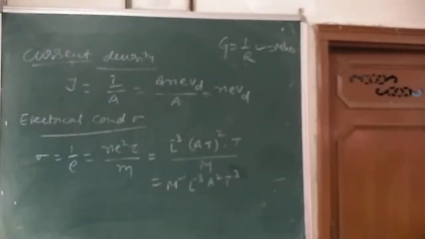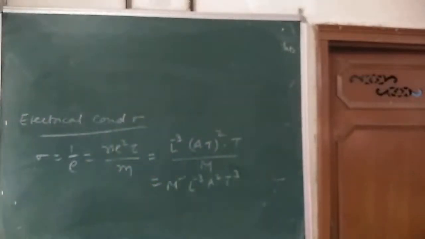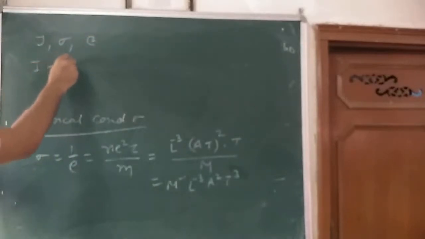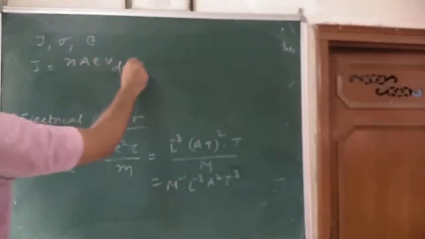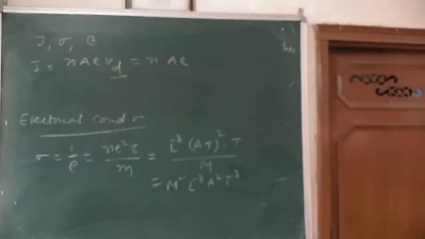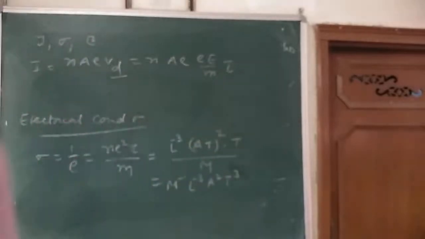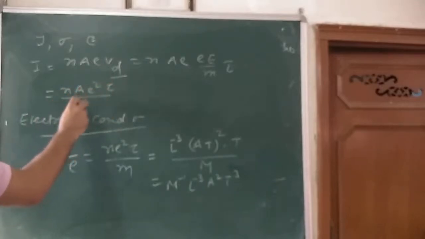So what is the relation between J, sigma and E? I know that I is equal to n A e Vd. So I can write here n A e, and in place of Vd put eE tau divided by m. So here it came n A e square tau E divided by m.